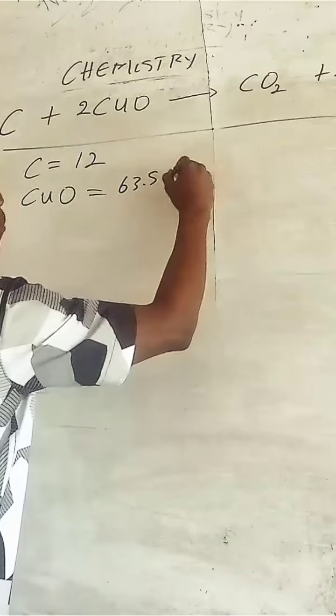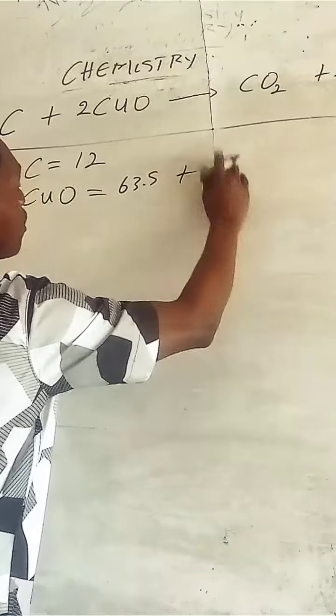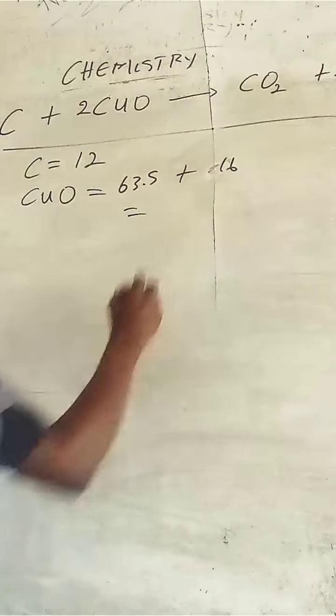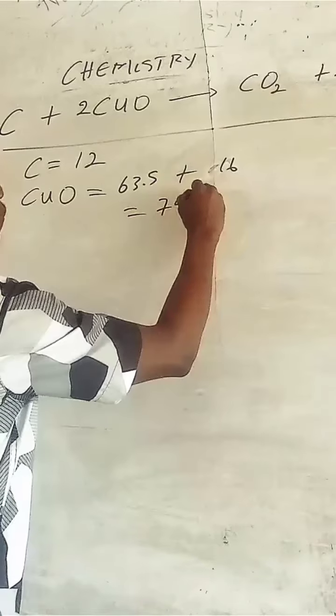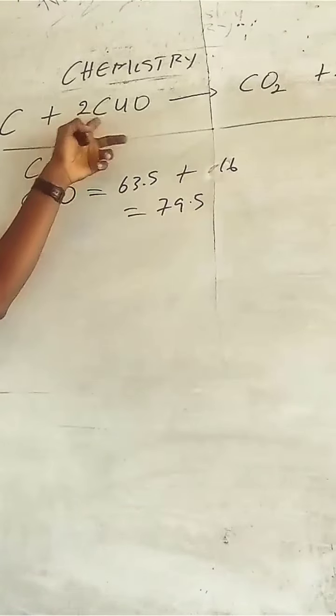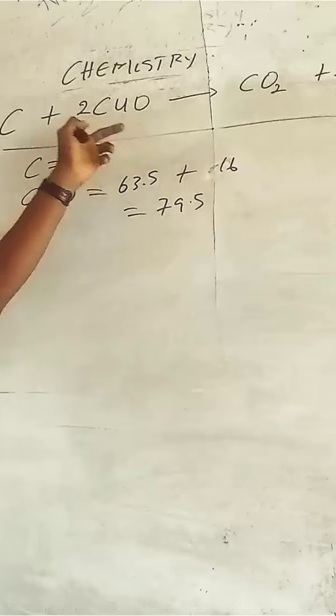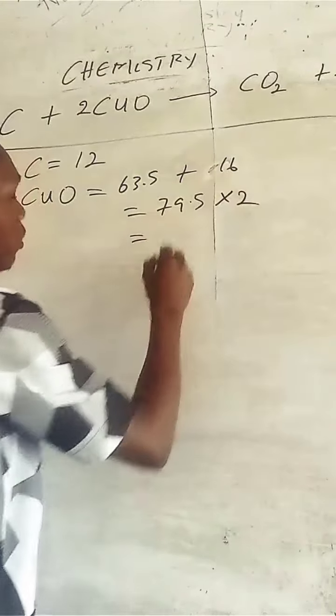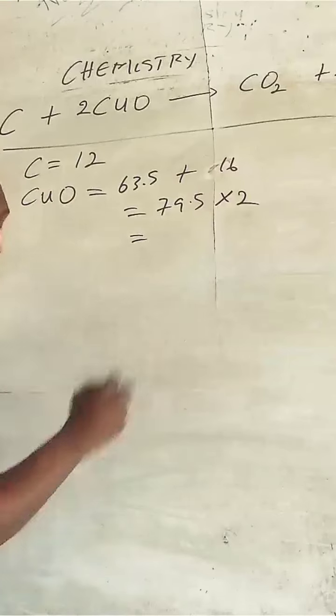And oxygen is 16. So that quickly gives us 79.5. Well, you can see from the balanced equation, this copper oxide is appearing twice, right? So we have to multiply it by 2.